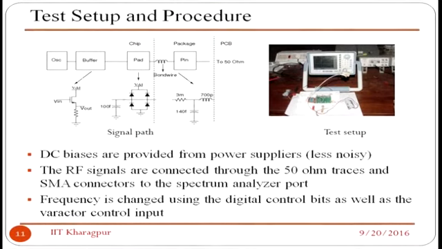Suppose you have an oscillator and you are just making a measurement of it, your oscillation will simply go to ground because of this capacitance. So you have to isolate, or the probe capacitance will actually shift your frequency from 900 megahertz to some other frequency, say 500 megahertz. You might say my oscillator is not working, but actually it is working, but unnecessarily one capacitance is added from your probe.